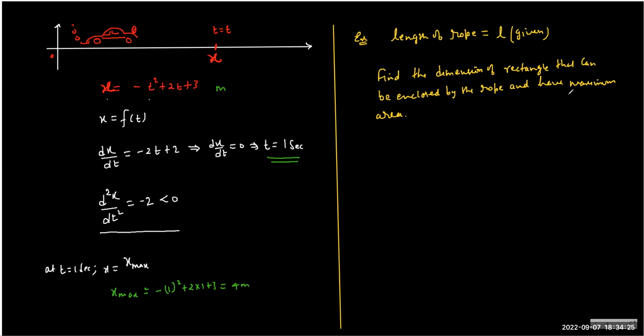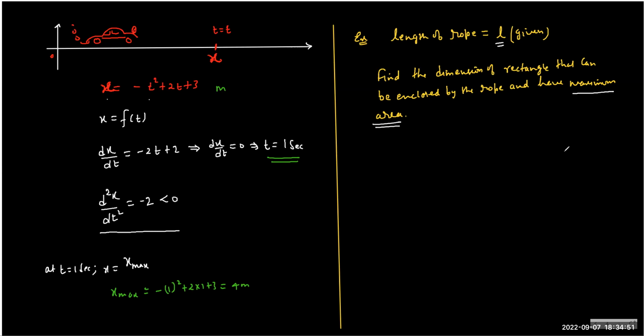To find the maximum area. So we want to maximize the area. What is the constant here? The dimension isn't given. The length of the rope is your constant.